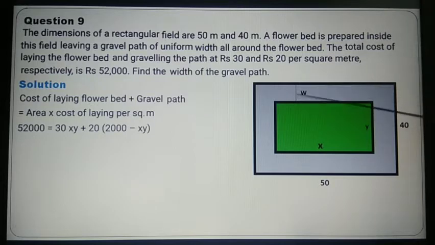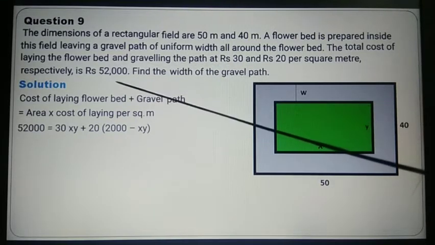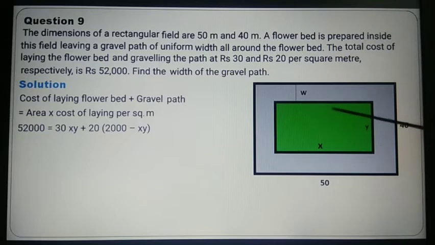So it is given that if you want to lay this flower bed for 1 meter square, you need to pay rupees 30. Okay, and if you want to gravel this path, you need to pay for 1 meter square rupees 20. Is that clear? So the cost of laying the flower bed and the cost of graveling the path altogether is given to be 52,000. Okay, now let us see what will be the cost of laying the flower bed only.